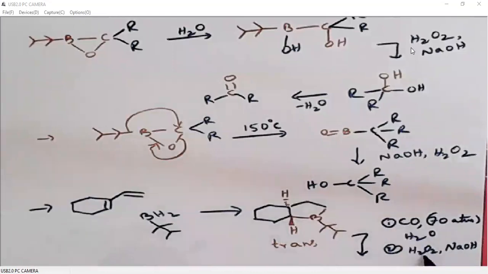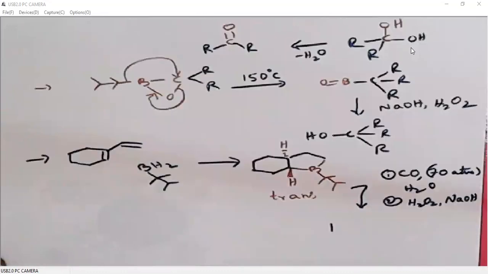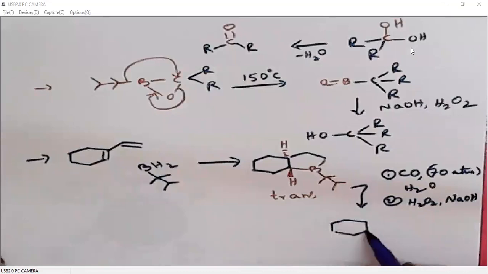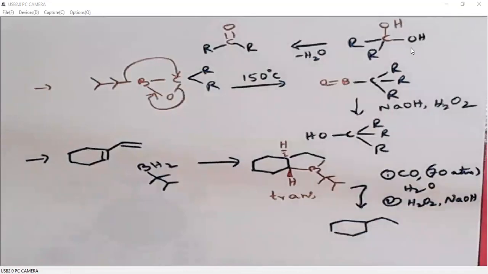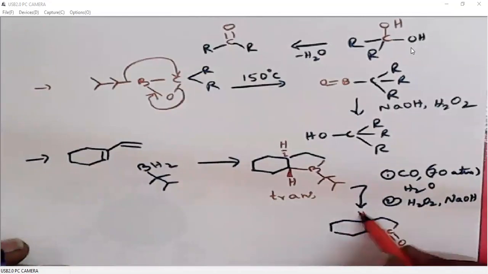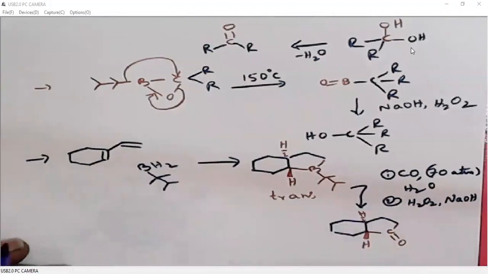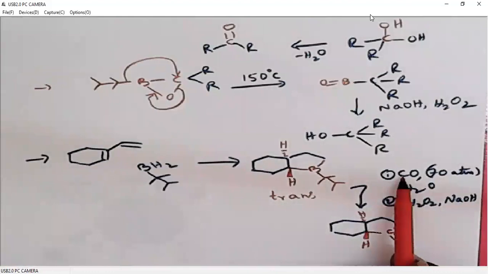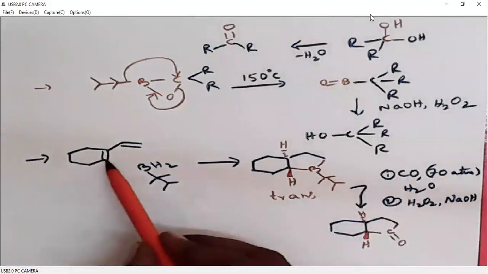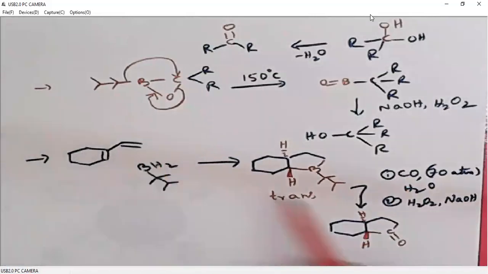When we oxidize this, the boron will also be leaving. So what we will get is a carbonyl. So the product here is the ketone, with hydrogen below the plane and hydrogen above the plane. Or simply, we can imagine that a carbon is forming a bond with this carbon and it is becoming a carbonyl.